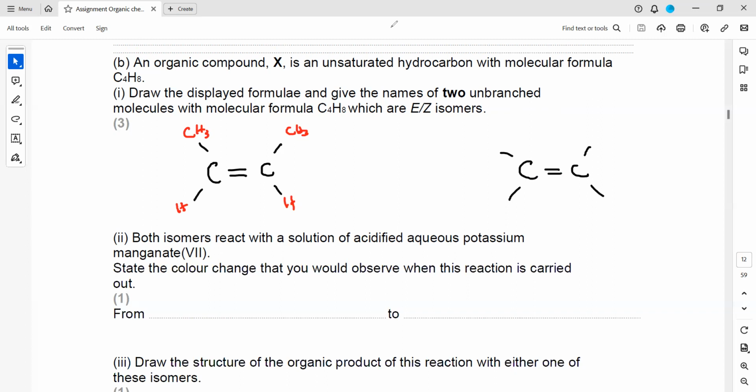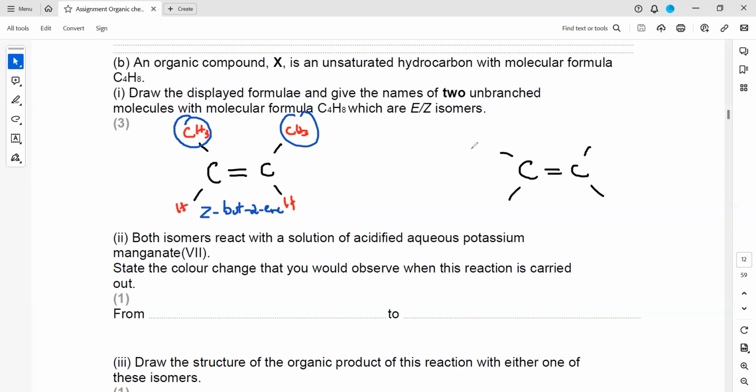When we check the heavy groups, hydrogen and methyl, which is heavy? CH3 is heavy. When the heavy groups are attached on the same side, we call that a Z. Because there are 1, 2, 3, 4 carbons, it is but-, and the second and third carbon have a double bond, so it is 2-ene. So this is Z-but-2-ene.